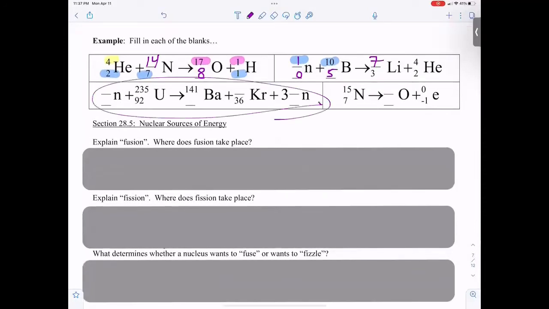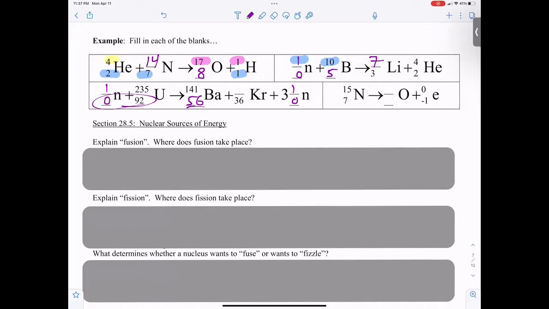Looking at this one here, we have 1 neutron over here, so 1, 0. We've got 3 neutrons over here, but that would be 3 times 1. Think about that. 3 times 1, you need 3 mass units over there. Keep that in mind. So what do we know? We know that the total atomic number, the total number of protons, is 92. I've got 36 here, 0 here, which means 92 minus 36 would be a remaining 56. 56 plus 36 is 92.